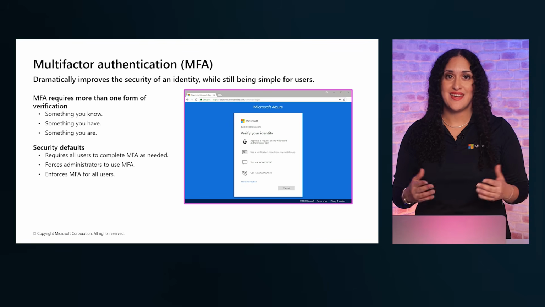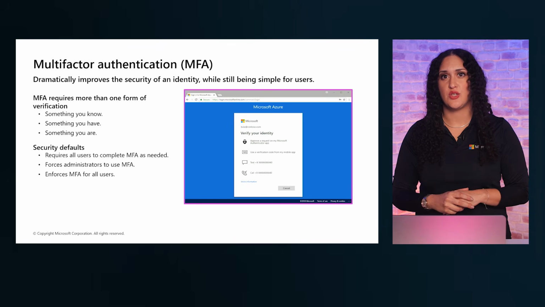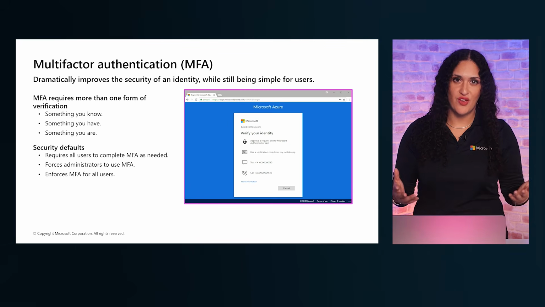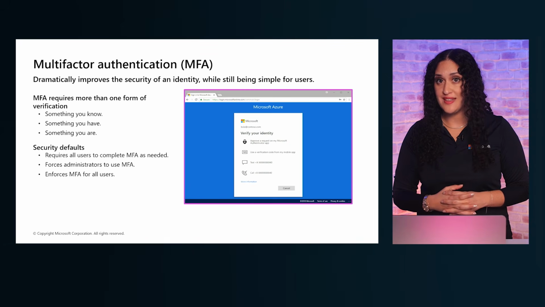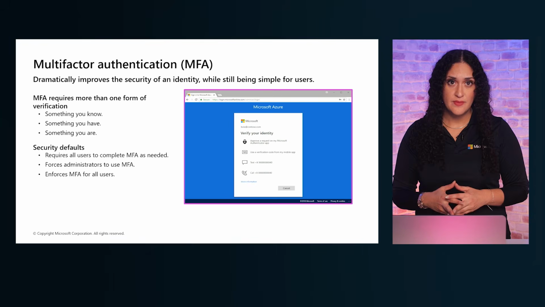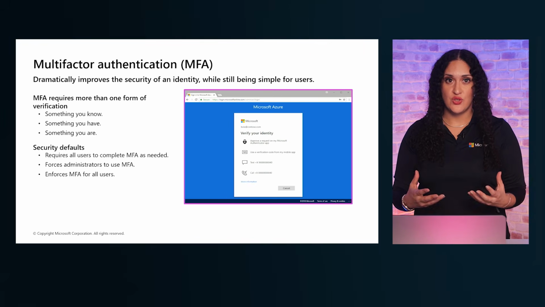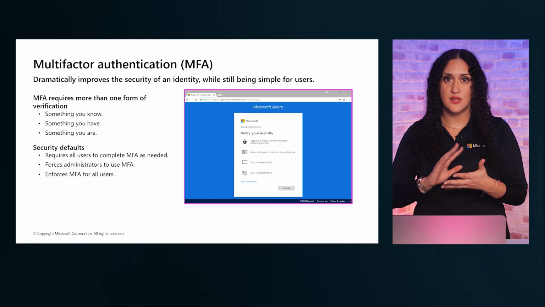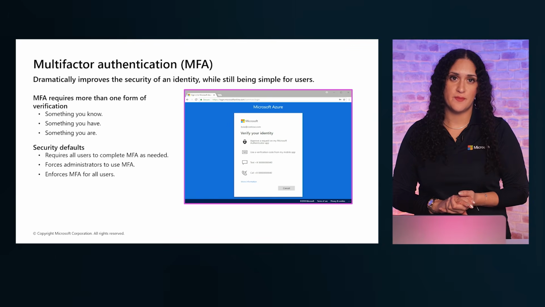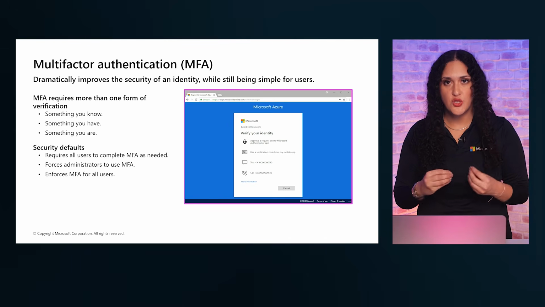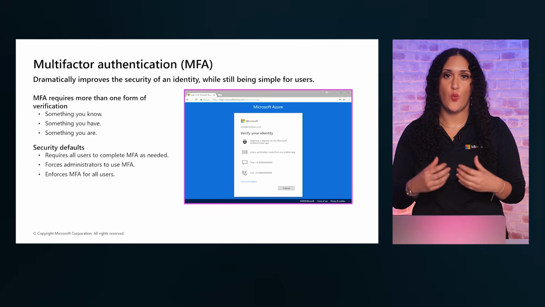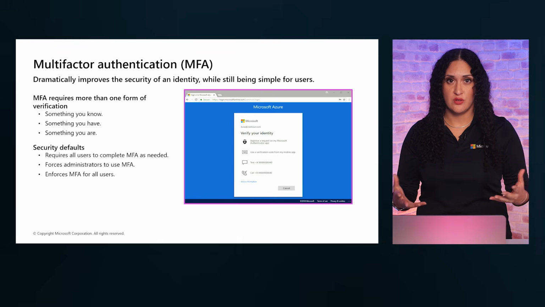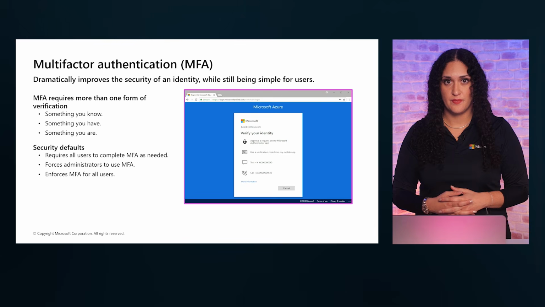Security defaults provide a baseline of identity security by enforcing stronger sign-in protections, including MFA for administrators and MFA challenges for users when needed. And they're designed for organizations that want improved security without building custom conditional access policies. These defaults are especially useful for organizations that want a strong baseline for security without complex configuration or even premium licenses.